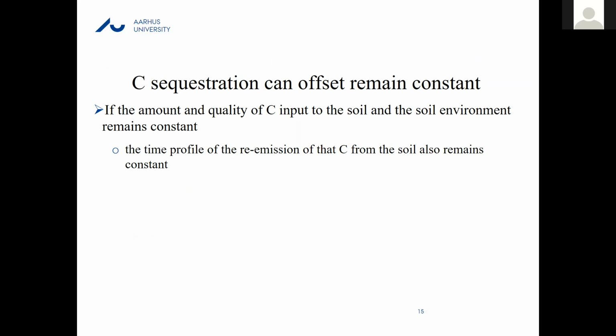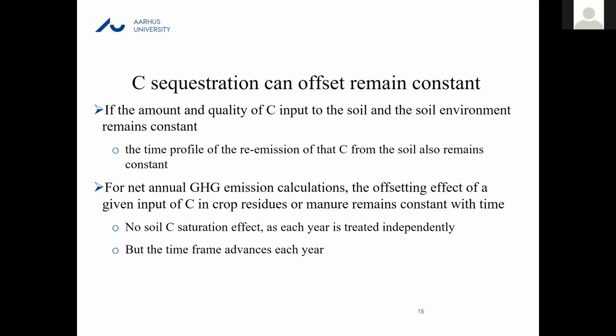If this is the case, then for the annual greenhouse gas emission calculations, the offsetting effect of a given input of carbon in crop residues or manure will also remain constant with time. There is no soil carbon saturation effect here, as each year is treated independently. However, as mentioned before, the time frame advances 1 year each year. We'll return to this issue in part 2.